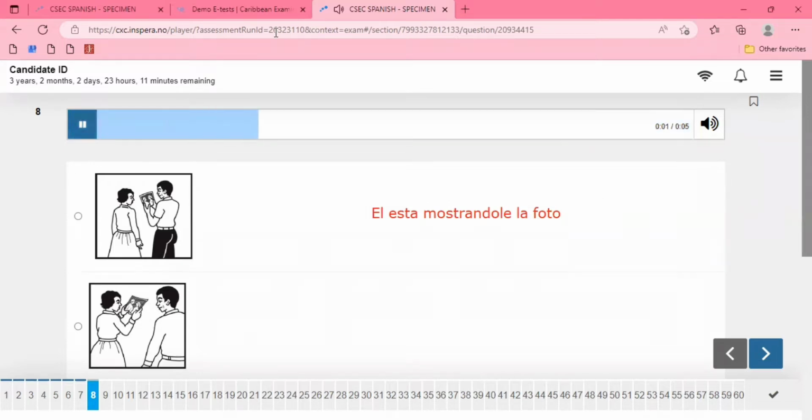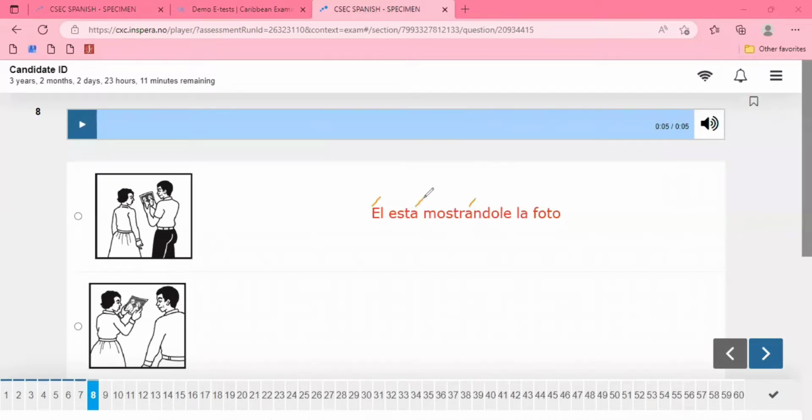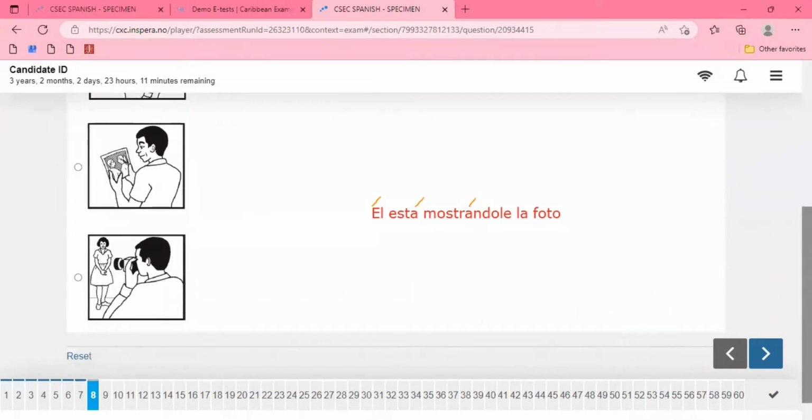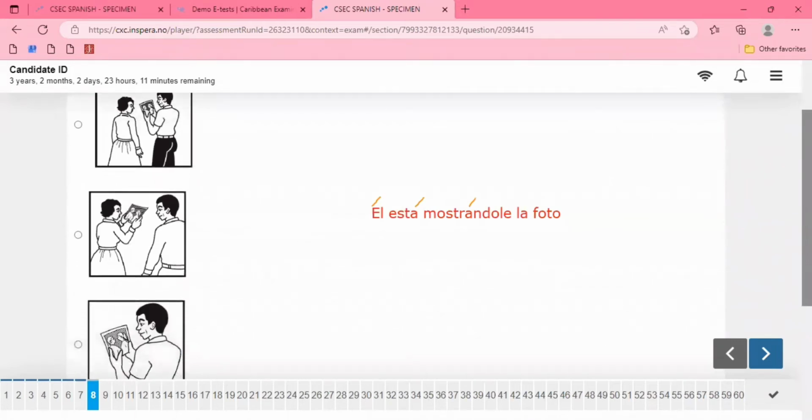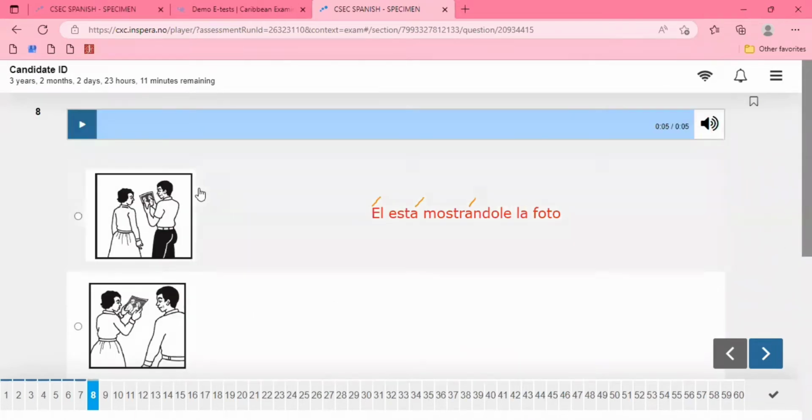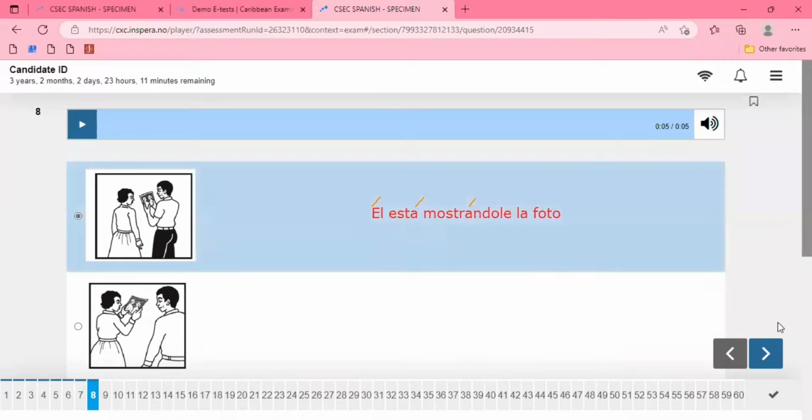Pregunta 8. "Él está mostrándole la foto." All right, lovely. So he is showing her, showing him, showing someone the photo. Best option would be A.